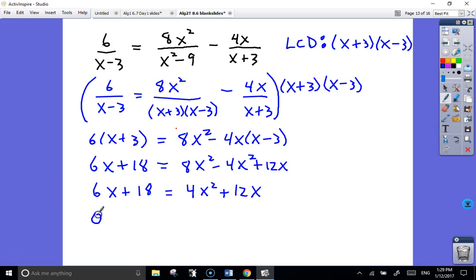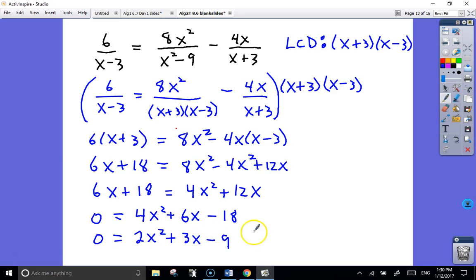So now we'll get everything on one side. That'll be 0 equals 4x squared plus 6x minus 18. Now we can divide through by 2. 0 equals 2x squared plus 3x, and minus 9.